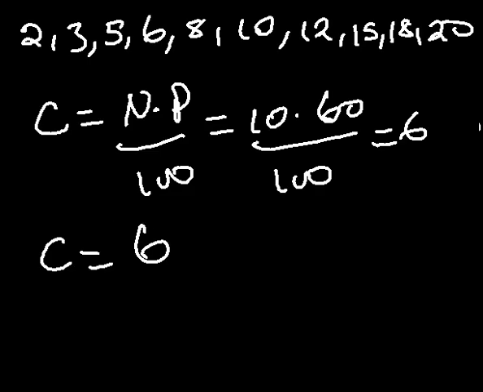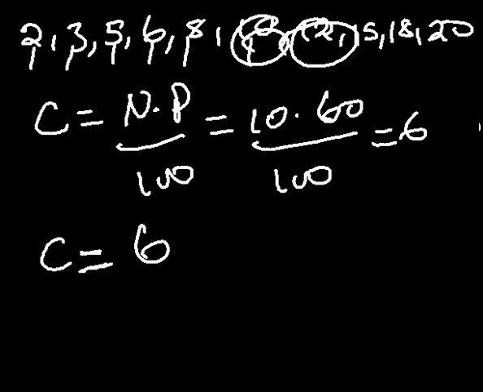So now since we have calculated 6 as a whole number, it means we count 1, 2, 3, 4, 5, 6. Then we'll have the value between 10 as well as the 12.